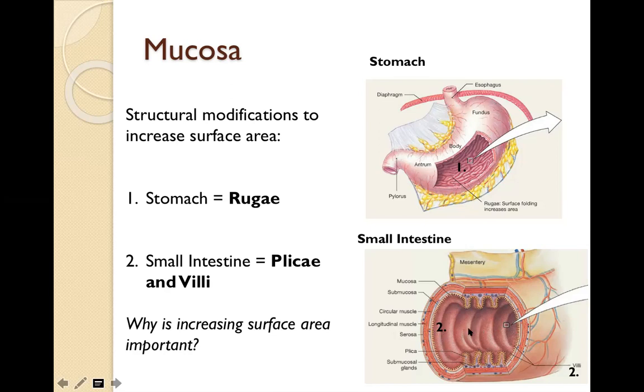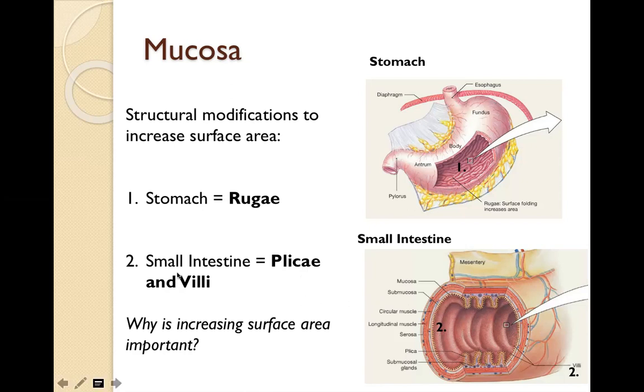These ridges are called the circular folds, because when you're looking from the inside of the small intestine, they're around the entire circumference. So they make circular folds. Sometimes they're called plicae, probably just to make your life miserable to have to remember another term for them. They're sometimes referred to as plicae circularis, plicae meaning fold and circularis meaning circular.